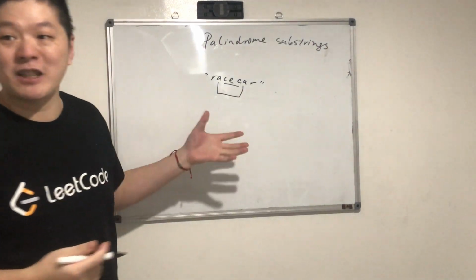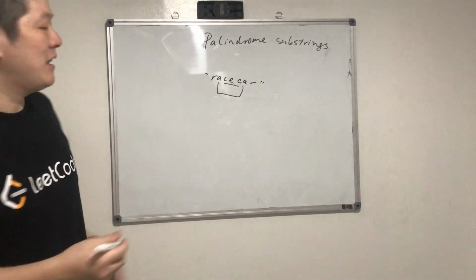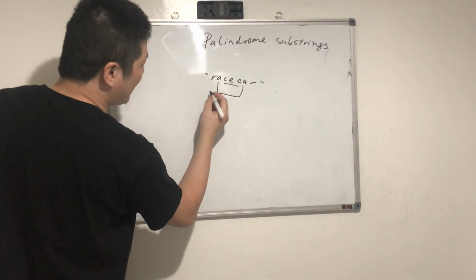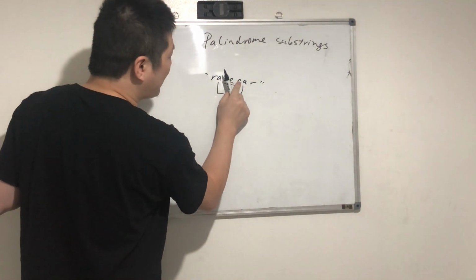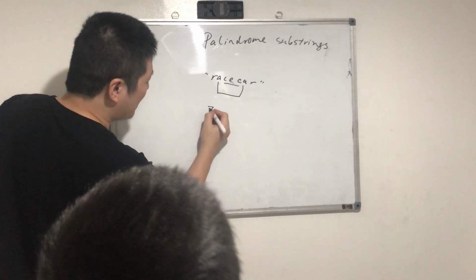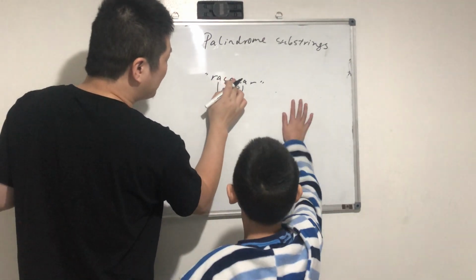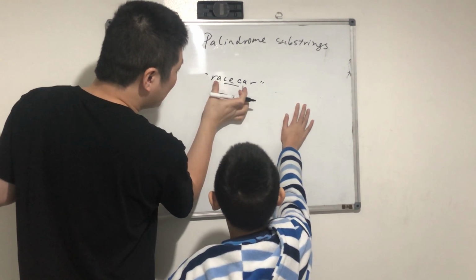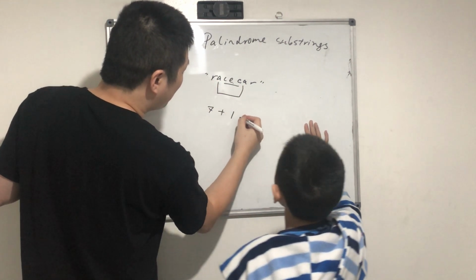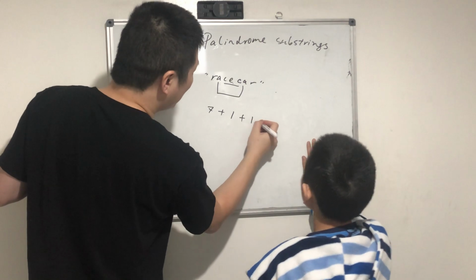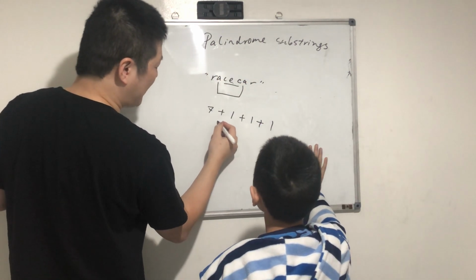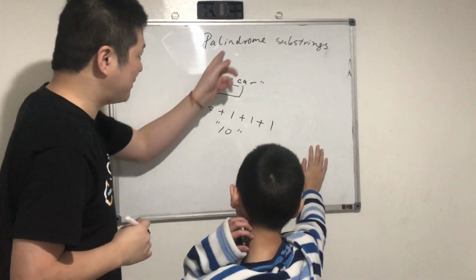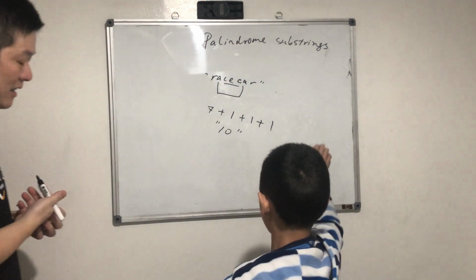RACECAR. So we need to count how many of them. It has to be a palindrome. Look, 1, 2, 3, 4, 5, 6, 7 single letters, plus 1, plus 1, and plus 1. So it has 10 palindrome substrings. What are they?